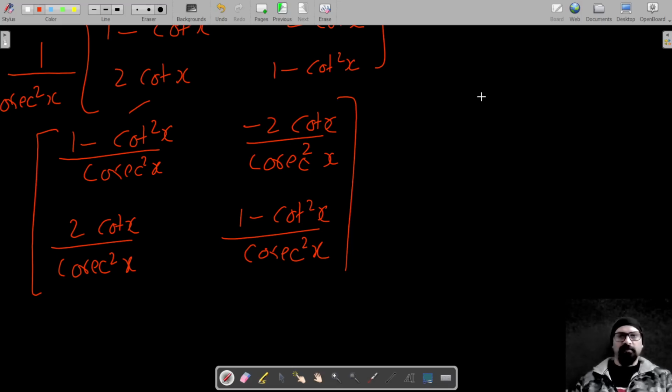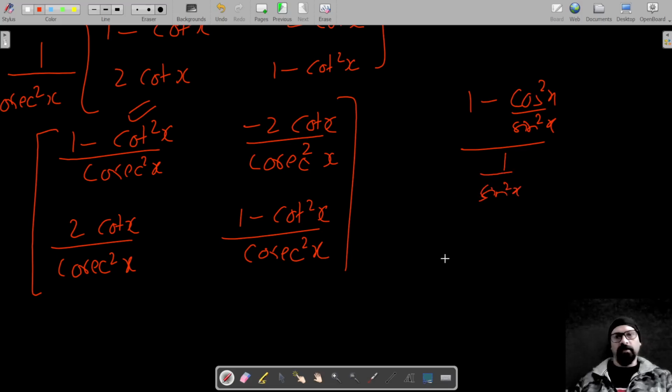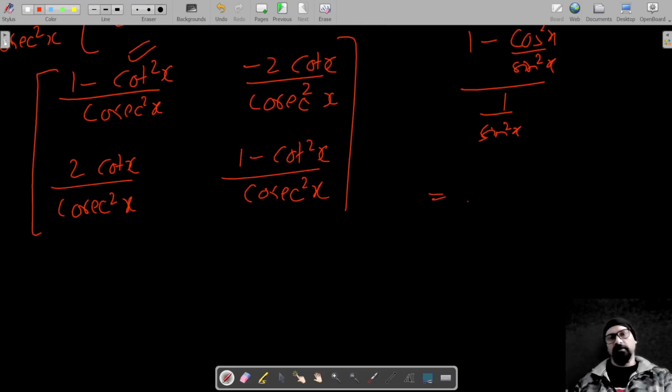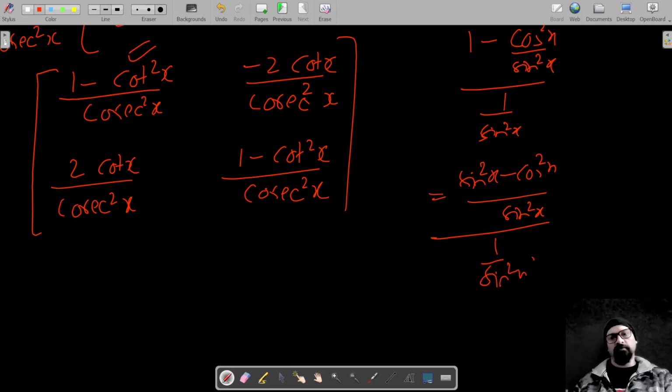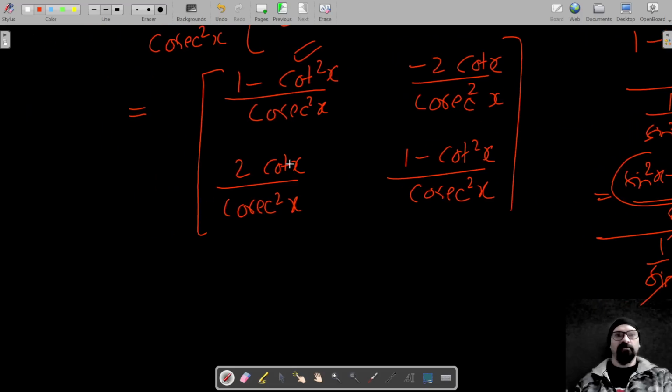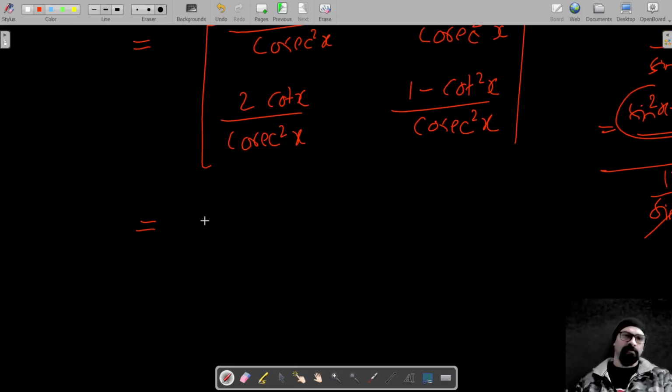Cot is cos x upon sine x, and cosecant square is 1 by sine square x. Taking the LCM, this is sine square x minus cos square x upon 1 by sine square x, so we are left with sine square x minus cos square x.